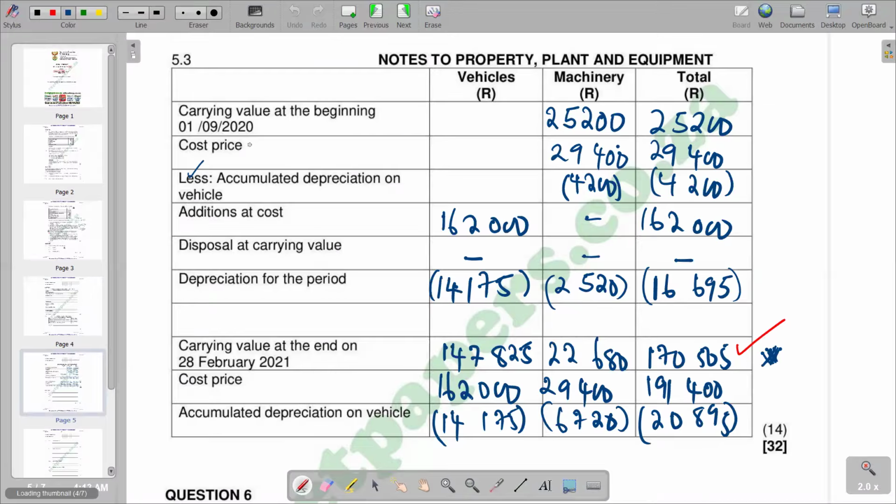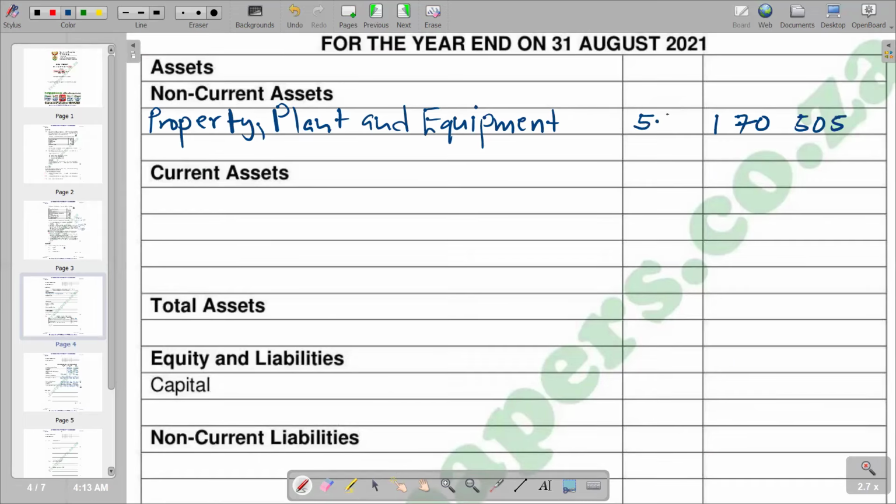So our note here, we are seeing that it's not numbered. So we can just maybe refer to it as 5.3. So we come here, we maybe indicate it as 5.3. That's where we got the information of property, plant, and equipment. So remember in some questions, it might be numbered, for example note 2. So just write 2.